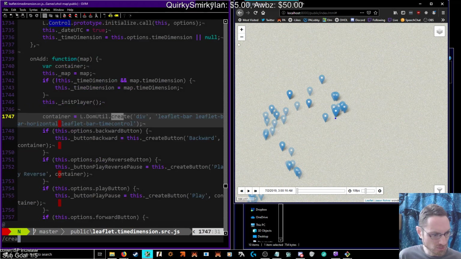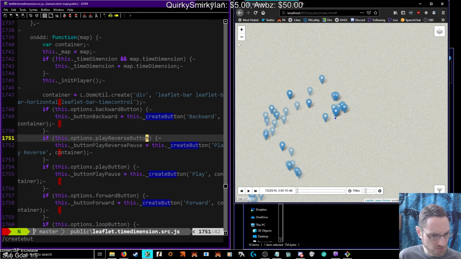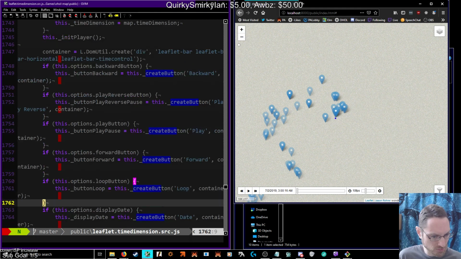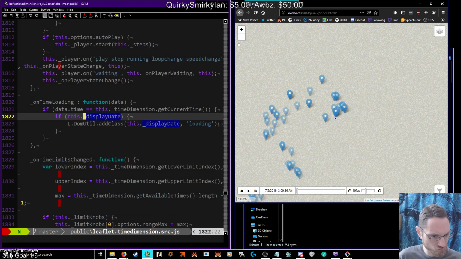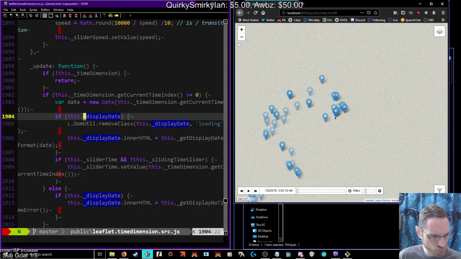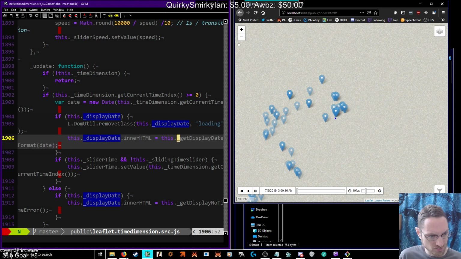So when we do all the create buttons, backward play, forward, loop, date. Get current time, get display date format.